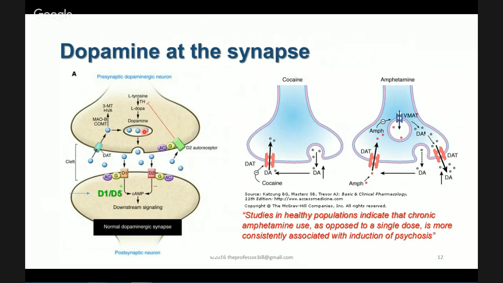And again, there's a lot of controversy about this. Some papers, for example, say that if you get one shot of amphetamine, you can actually produce psychosis, the delusions, the hallucinations. Most papers, though, if you read through them, actually suggest that it's chronic users who then get a subsequent dose that actually have hallucinations.